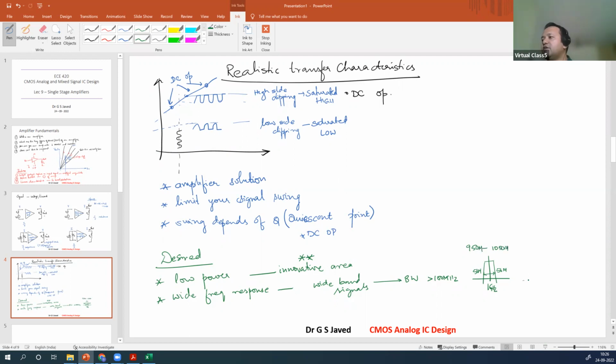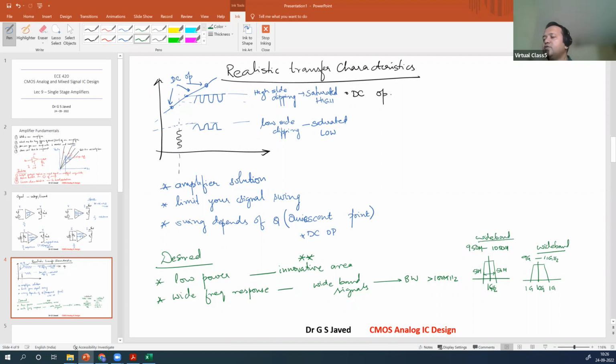If you go towards the RF section, you will have, for example, 10 gigahertz, and then you will have a bandwidth of 1 gigahertz on each side. So it will start from 9 gigahertz to 11 gigahertz. So this is also wideband, and this is also wideband. But they are wideband in context.